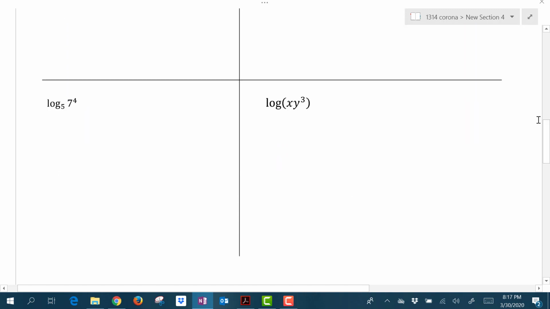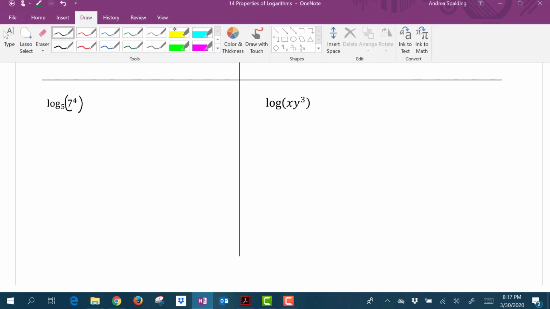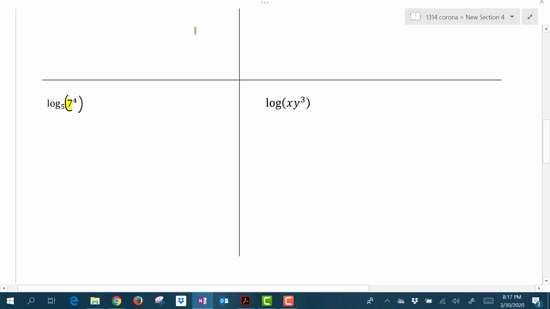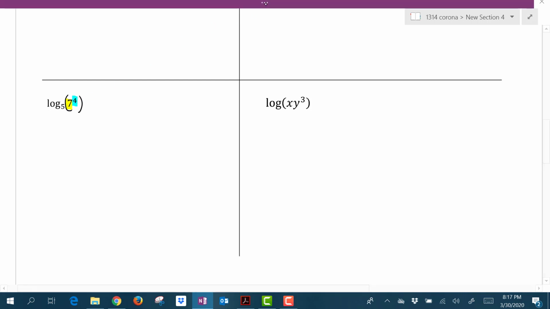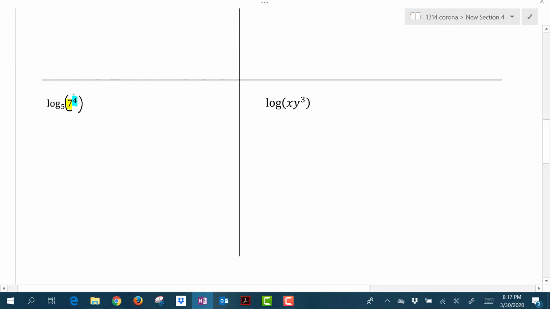The first one says log base 5 of 7 to the power of 4. So, when I look inside of that log, my input there is 7. Everything inside of that is raised to the same power of 4. So that means we're allowed to take the power off of the 7 and multiply it times the front of the log.